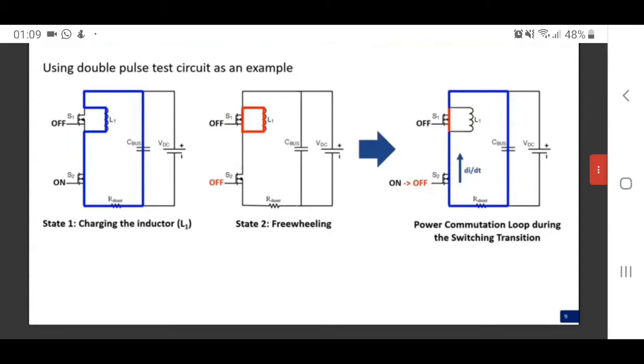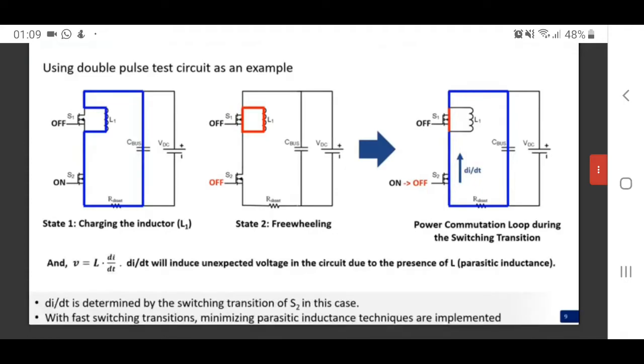How is the di/dt? The di/dt on L1 is very low, so let's use only the current. Let's take state 1, then H2 turns off, so in this current, the high di/dt will commutate from the high side H2 and output inductor L1 to the low side switch.